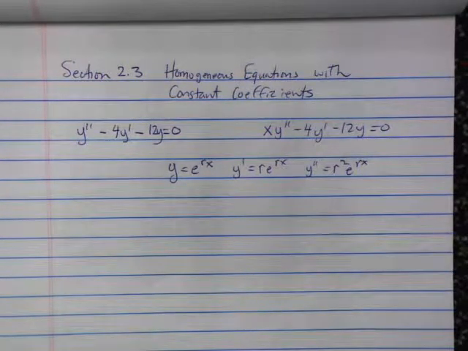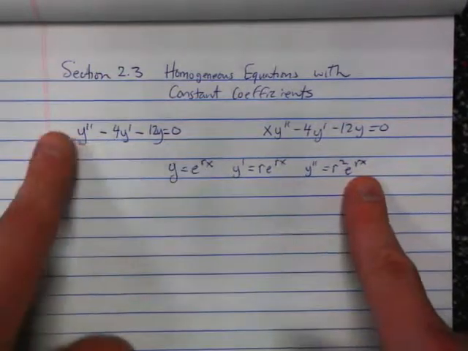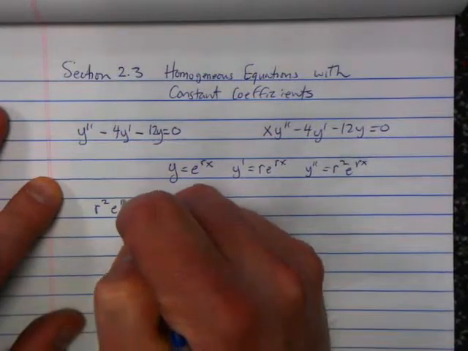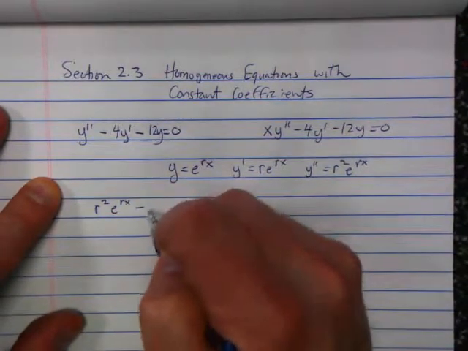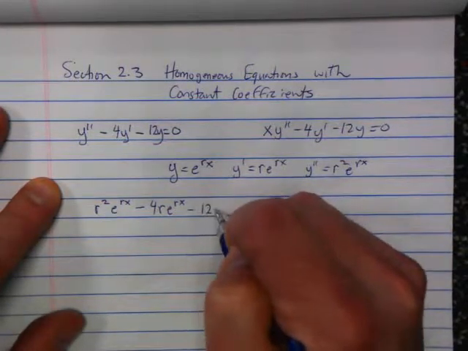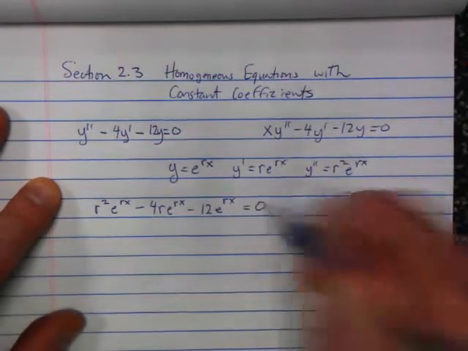And what we saw is we ended up with a polynomial that we needed to solve, and that polynomial we called the characteristic polynomial, or the characteristic equation. Because when you plug these in, you get r squared e to the rx minus 4r e to the rx minus 12 e to the rx equals 0.